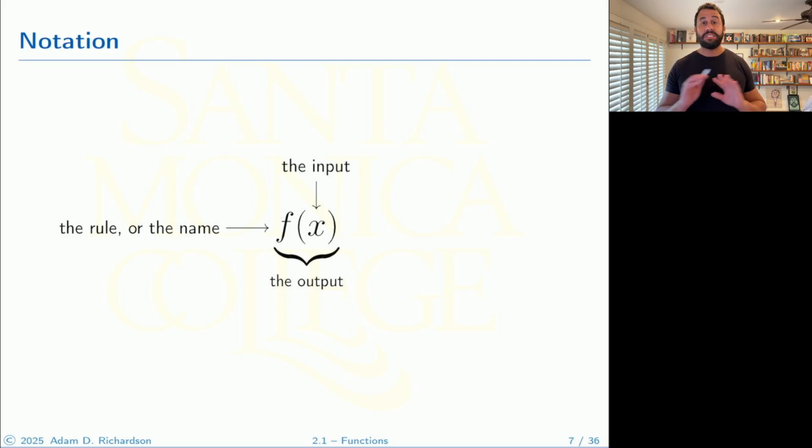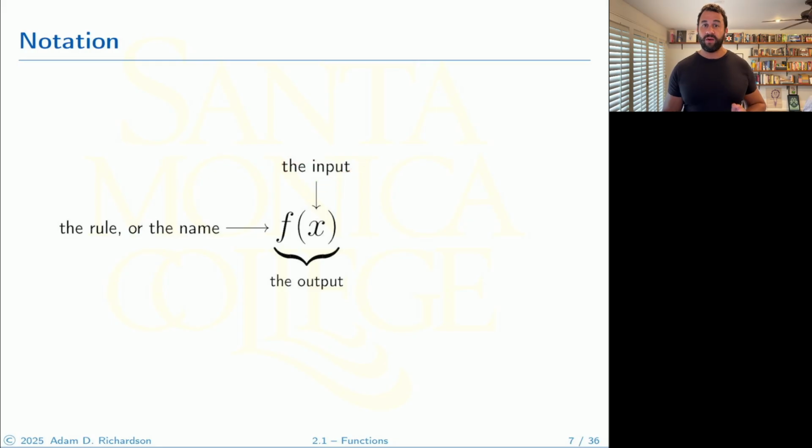The symbol doesn't matter. You can use whatever symbol you want, x, t, a, b, smiley face, cat emoji, whatever you want. Whatever is going in between those parentheses is the input, the thing going into the box. Then this letter or symbol represents the rule or the name of the function. That symbol is representing the process that you are going to perform to the input.